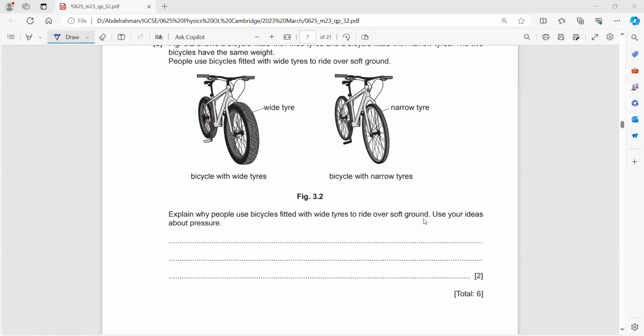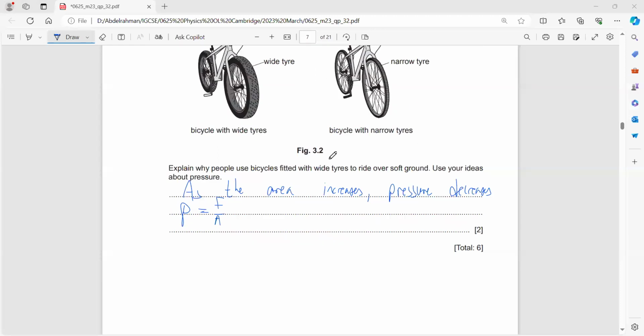As the area increases, the pressure decreases. Pressure equals force over area. He will not sink, for example, if he was on soft sand, which is quite obvious. This is easy.